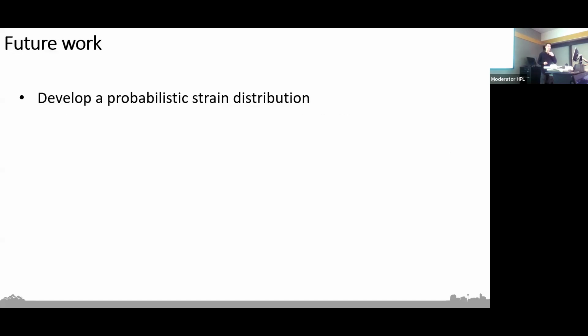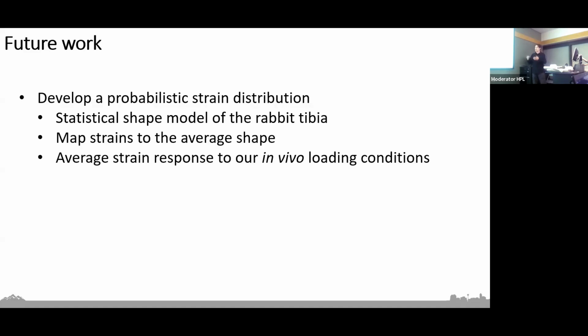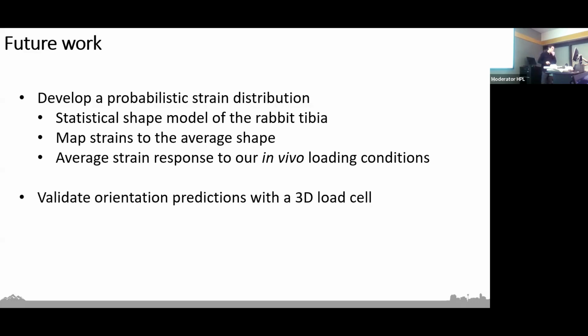I'm currently working on developing a probabilistic strain distribution so we can get a general idea of what magnitude of strain a typical bone will be experiencing. The way we do this is we create a statistical shape model of the rabbit tibia, and then we can map the strains from each loading experiment back onto that average shape. So we get an average idea of the strain response in the anatomically relative location for each in vivo loading experiment.